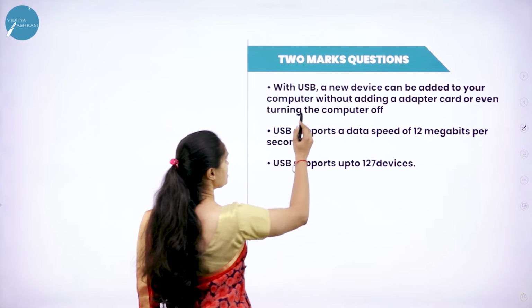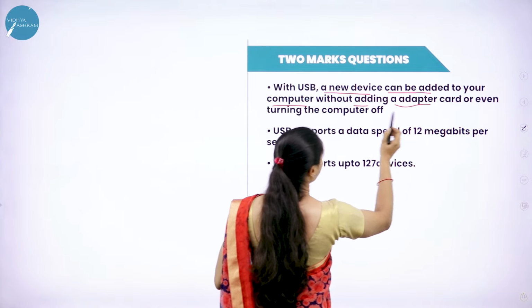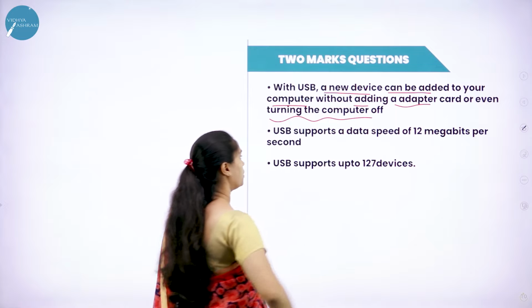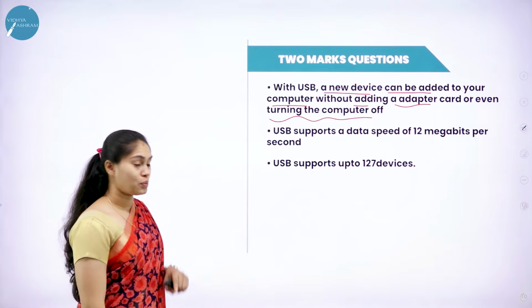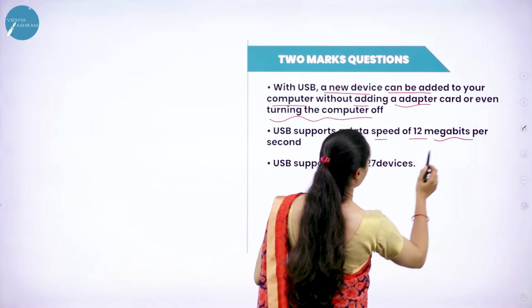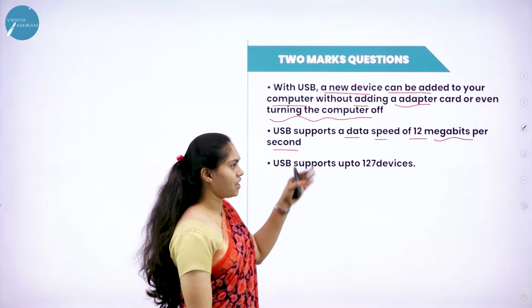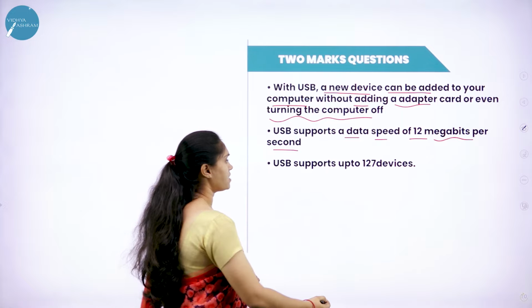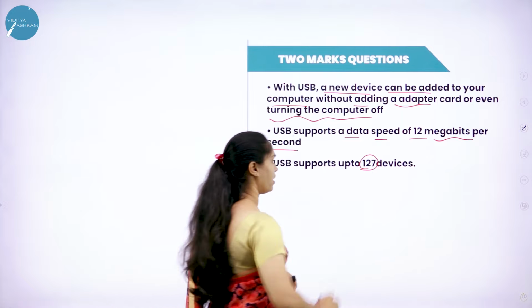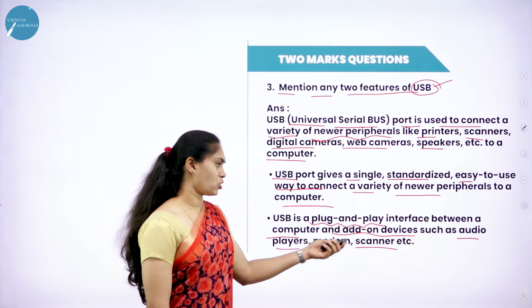With USB, a new device can be added to your computer without adding an adapter card or even turning the computer off. It supports a data speed of 12 megabits per second, so you can have a data transfer rate of 12 Mbps, and it also supports up to 127 kinds of devices, like the audio player, modem, scanner.